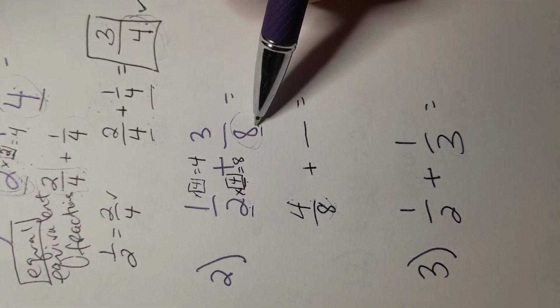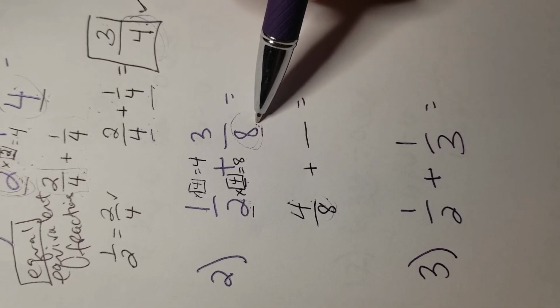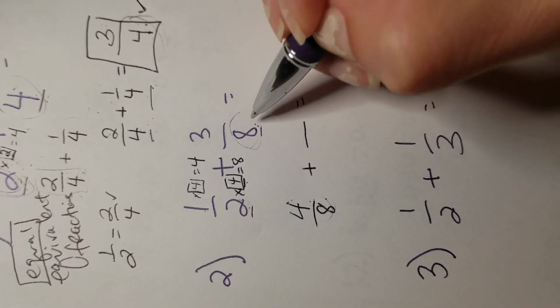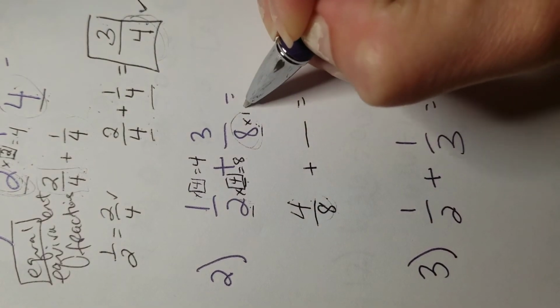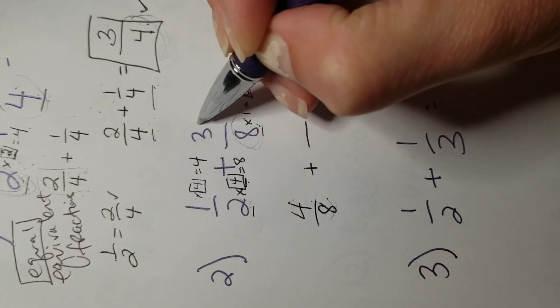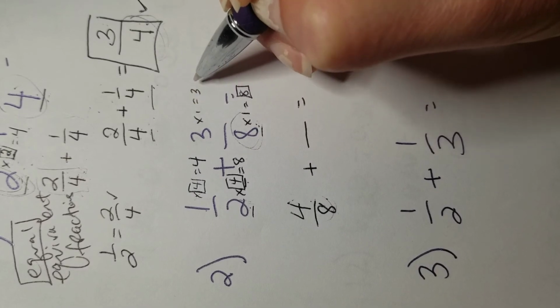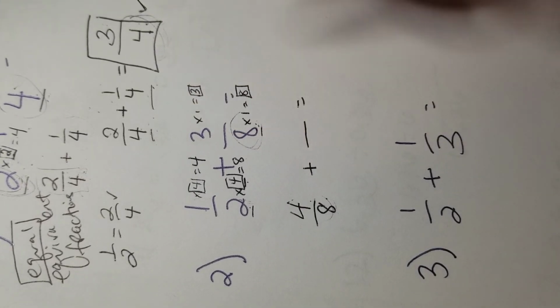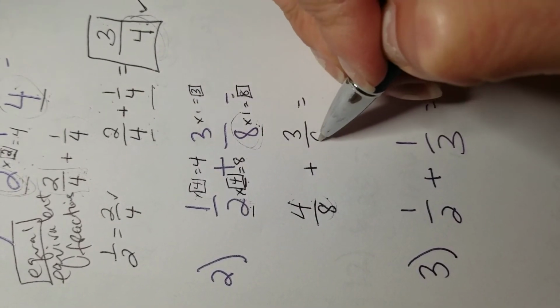Now this one already has 8 as our parts of how many total parts we have. So we don't have to multiply anything. Some people will multiply by 1. But when you multiply anything by 1, you still get that number you multiplied by. So you can just keep that the same.